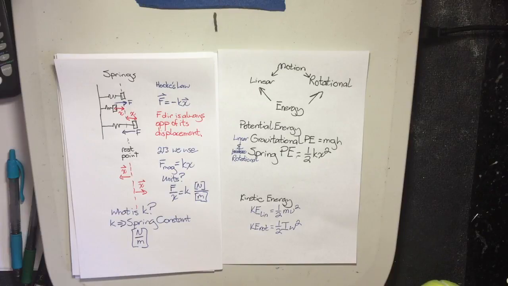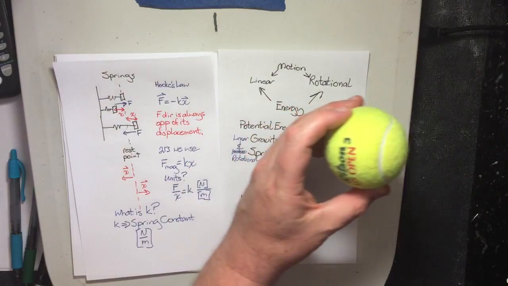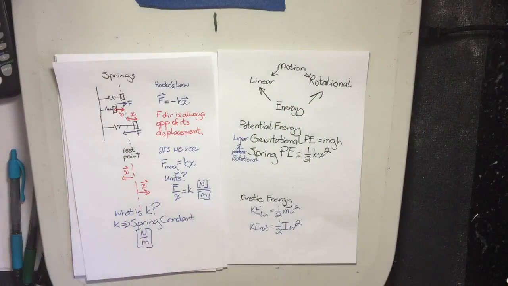Kind of like the difference between the pin and how you rotate it this way and the difference between rotating it that way and rotating it this way. Velocity becomes angular velocity. And so if I throw this ball and the ball only moves like this, so it only moves from left to right, it has a linear kinetic energy only.